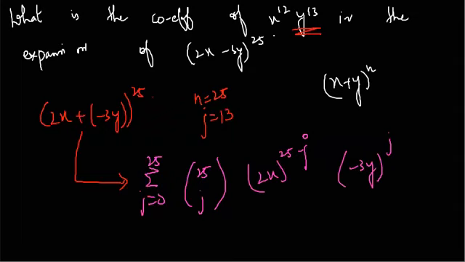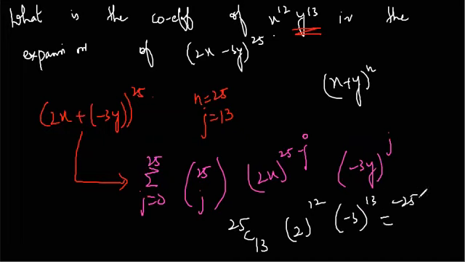So let's substitute the values. So we need 25C13, 2 power 25 minus 13, which will be equivalent to 2 power 12, and minus 3 power 13. So the solution will be something in this way: minus 25 factorial by 13 factorial into 12 factorial, 2 power 12, 3 power 13.